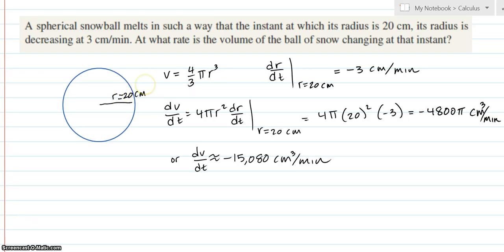At that moment, that is how fast the volume is changing with respect to time. How fast usually means how that is changing with respect to time. And notice that we were able to find that without actually knowing the formula for what r was with respect to t. Okay, hope that helps.